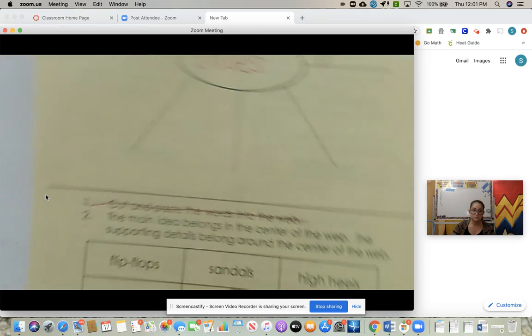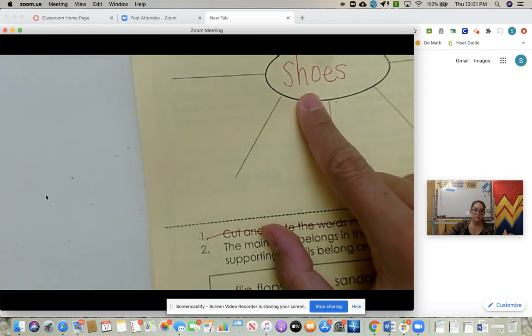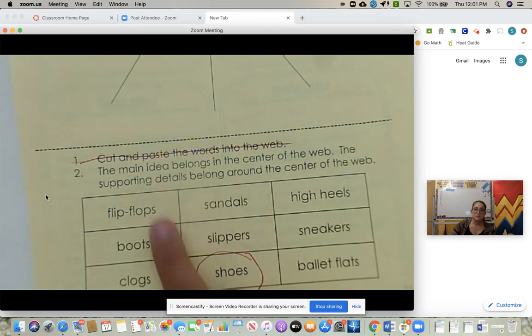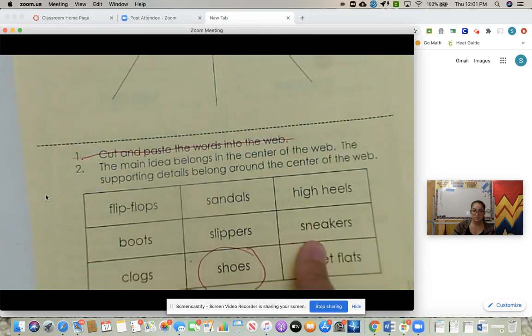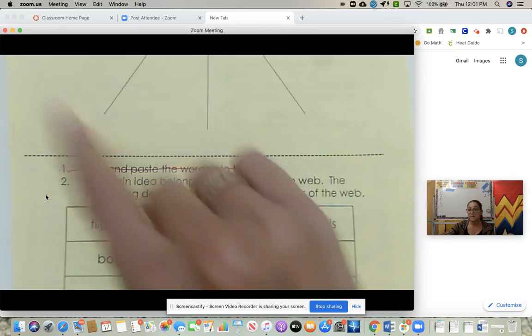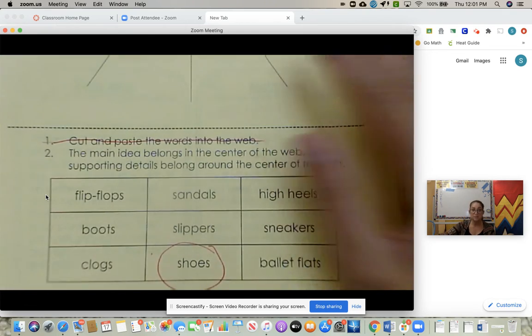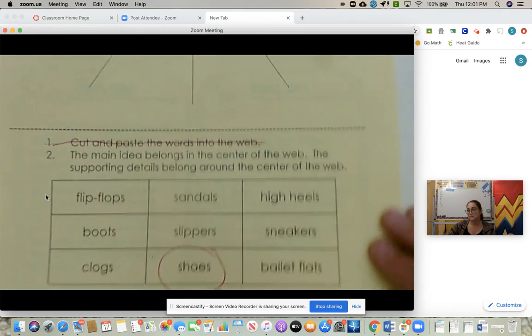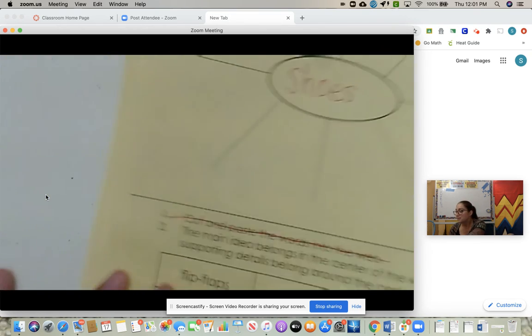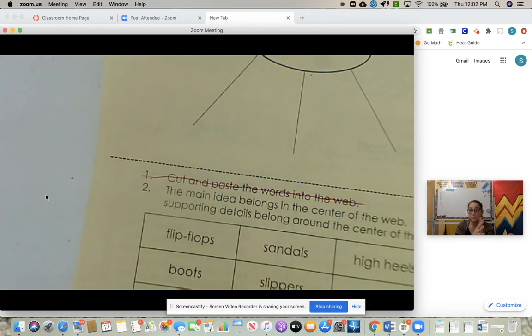So shoes is our main idea. The rest are the supporting details. And I did not make them write the supporting details. I just wanted to have a conversation and we spoke about how shoes is the main idea. Then on page 23, if you want to try number 1, pause, read the instructions and try number 1.